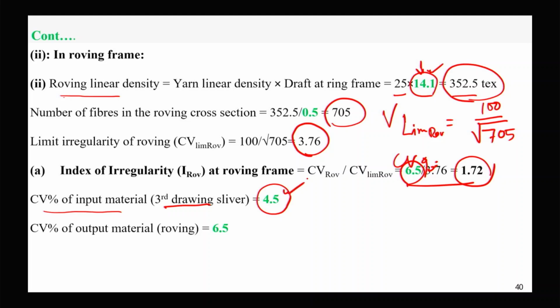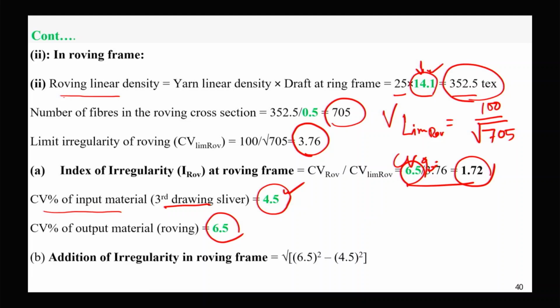So third draw frame sliver was the input material, and CV of the sliver is given as 4.5%, so 6.5% in the roving, and so that addition we can calculate by this formula, under root of 6.5 squared minus 4.5 squared, which has become 4.6. So this is the addition of the irregularity at the roving frame.